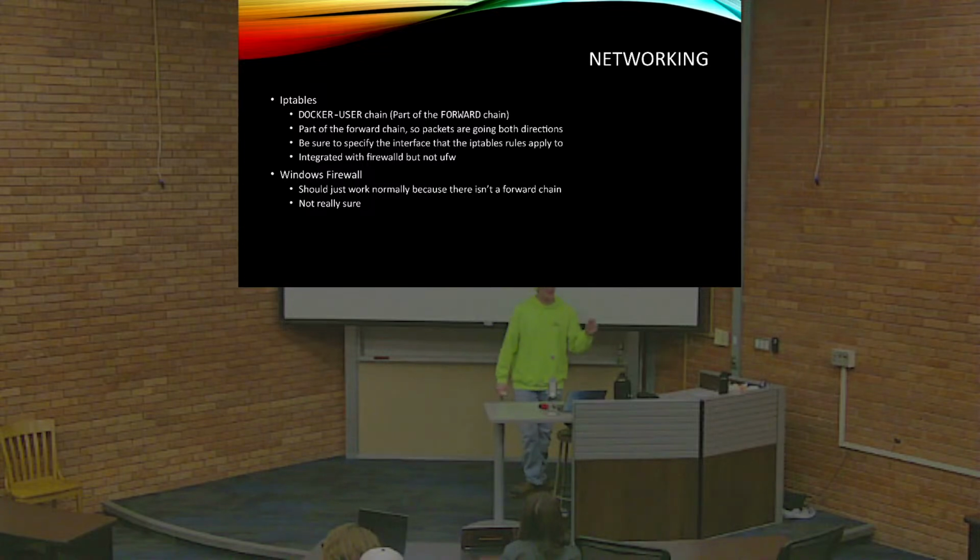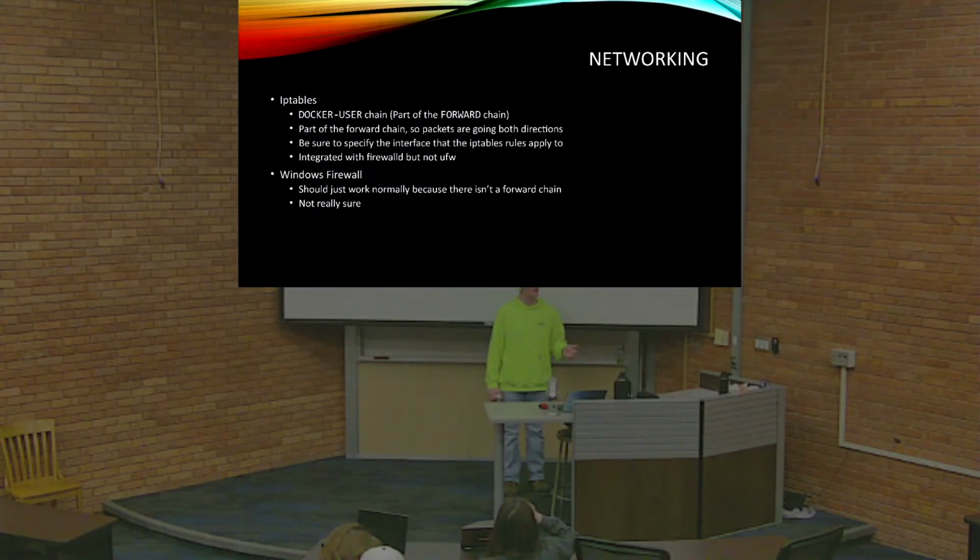And because of the way Docker does stuff with the forward chain, you actually can't use the forward chain anymore. Or rather, you can, but it's undefined behavior, and your system might blow up if you touch it wrong. So it creates the DOCKER-USER chain, which is essentially just a copy of the forward chain, but for all of your Docker containers.